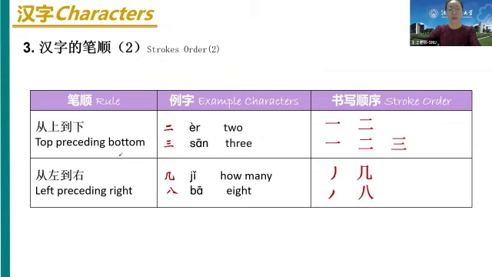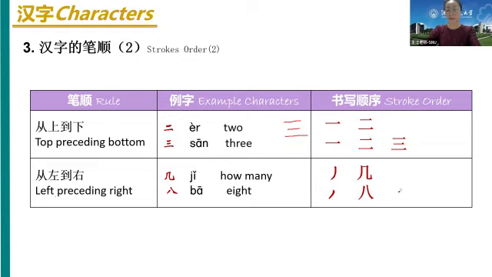Okay, let's go on. And let's review the stroke orders we have learned before. When we write such characters, we should write from the top side to the bottom, for example, top side, then bottom, okay? And if we write such characters, we should write left side preceding right side.